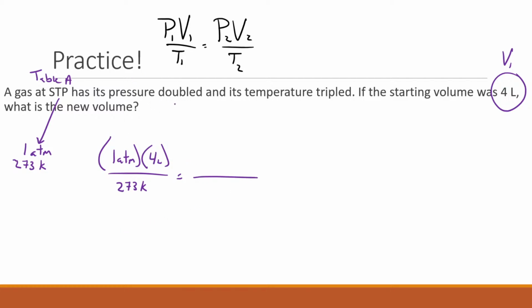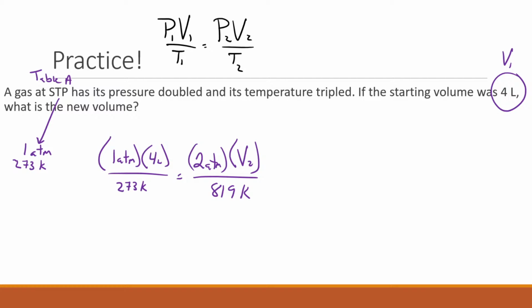It told me what the new pressure is going to be. I doubled my pressure. I'm looking for V2, and it told me temperature tripled. Quick tripling here. It's going to give me 819 Kelvin.